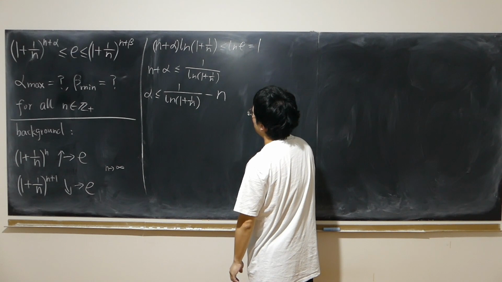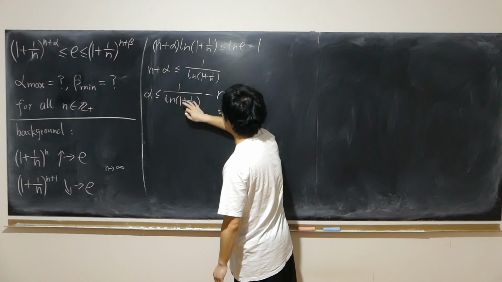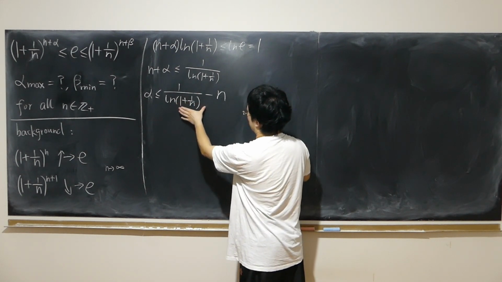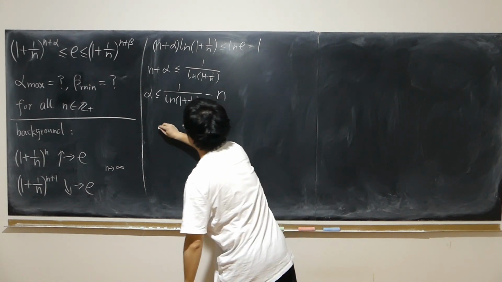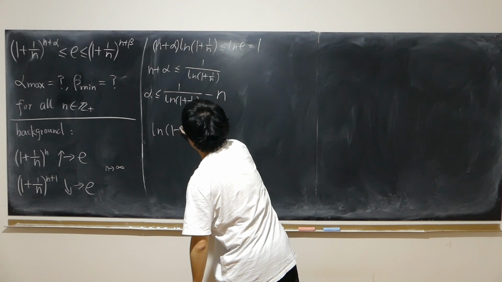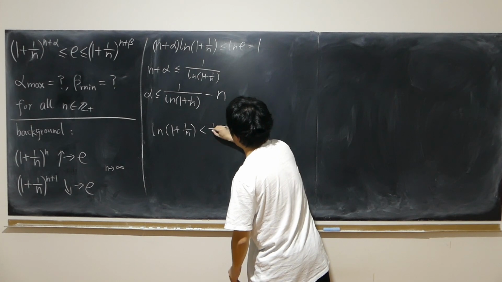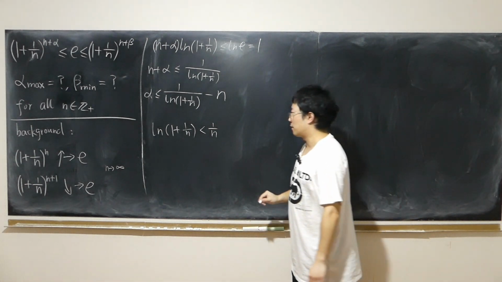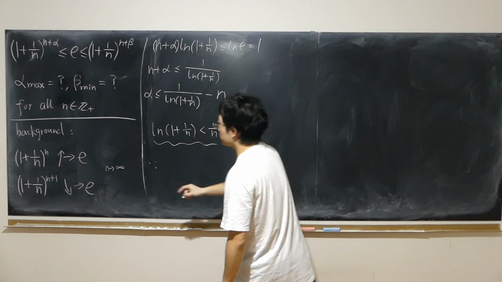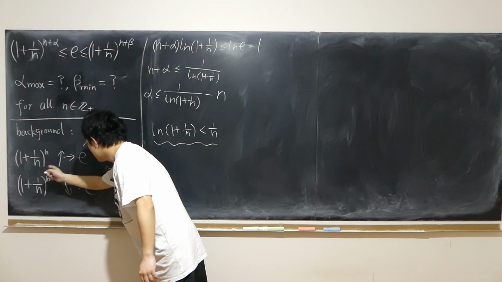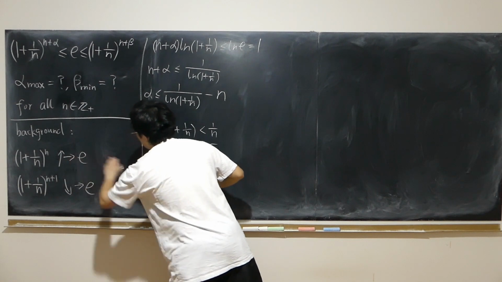So first of all, to find a possible lower bound of this expression, is this expression greater than or equal to something? In other words, is the bottom less than or equal to something? Yes, I think so. Because, first of all, my claim is that log of 1 plus 1 over n is less than 1 over n. The reason is because I've just shown that this sequence is increasingly approaching e, which means this sequence is less than e.